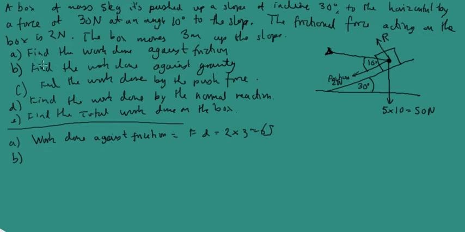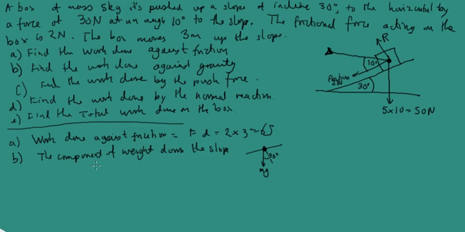So B, the work done against gravity. So we need the component of weight down the slope. So we have our slope here, there's our weight, and it's 30 degrees.